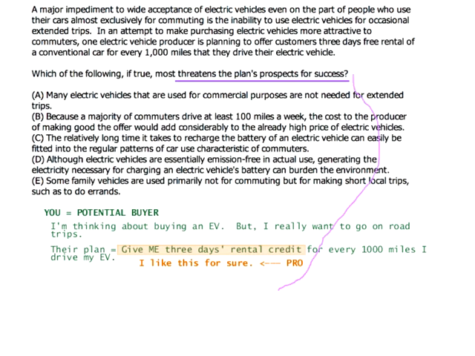To threaten the plan for success means that we want a reason why this plan might actually make me less likely to buy the EV, or at least not any more likely. So we need a con that will offset that pro. And it doesn't have to be a reason why I'm not going to be able to take road trips, because this is a purchasing decision, and I remember that this is a commuting vehicle.